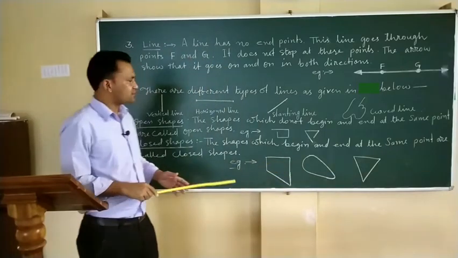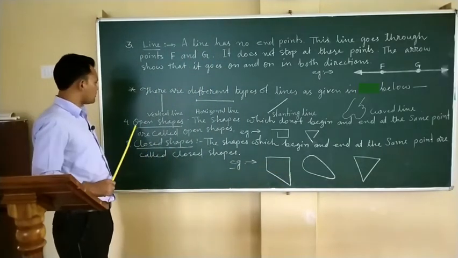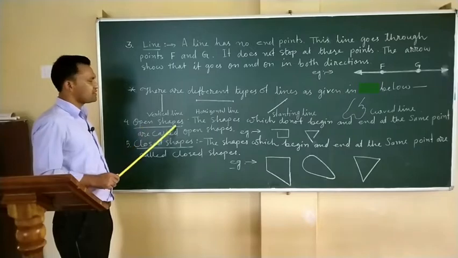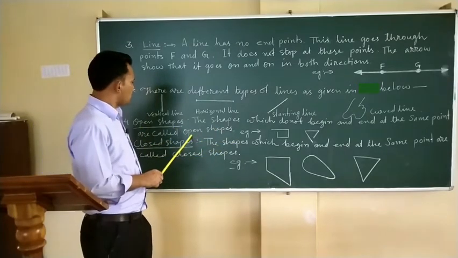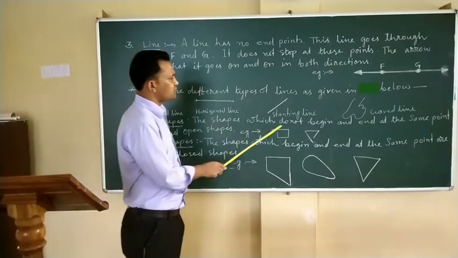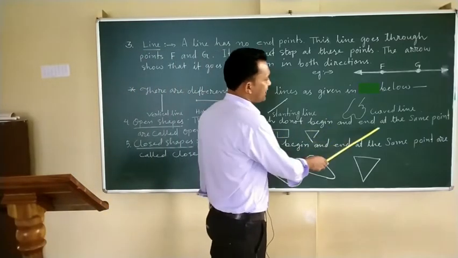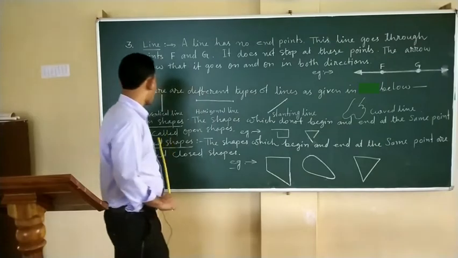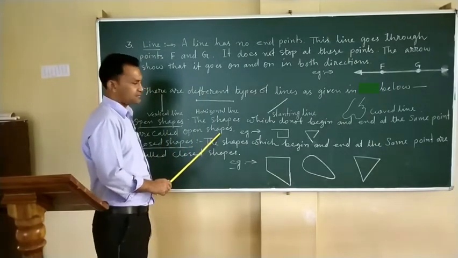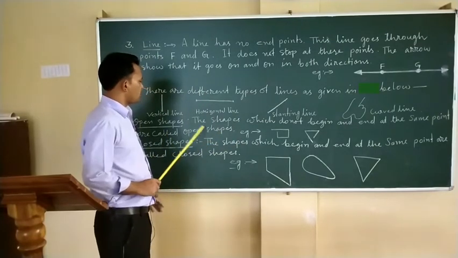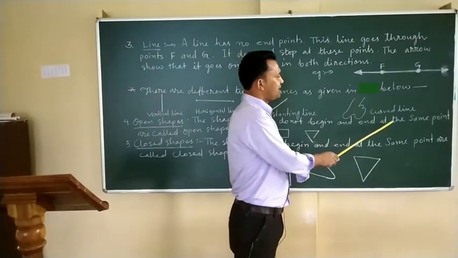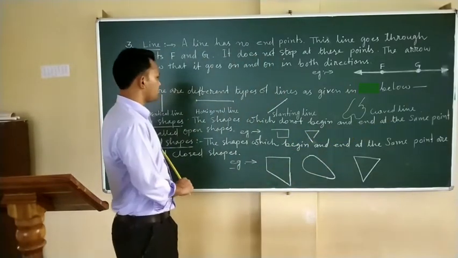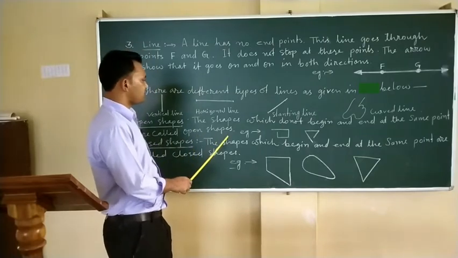Okay, so next we will discuss number 4, open shapes. So what is an open shape? The shapes which do not begin and end at the same point are called open shapes.